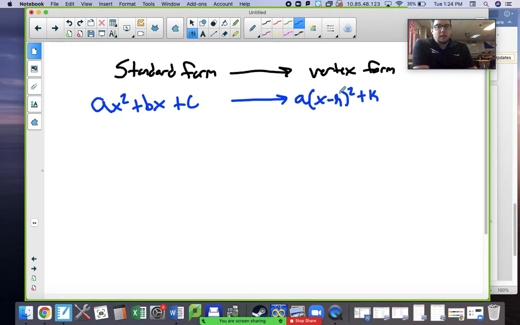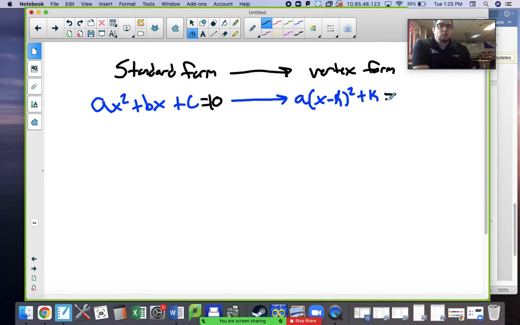Vertex form, in essence, can be a lot easier to solve because you boil down these two terms with x's to just a single x term. So we can solve this like an equation, where standard form, if we were to set this equal to a number like 0, we would have to see if it was factorable. If we set it equal to 10, you see if it's factorable.